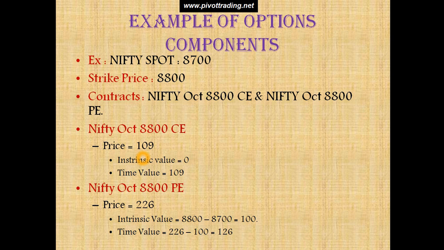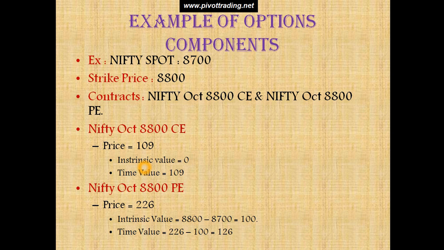So the target is currently far away. In that case, comparing with today's Nifty spot price, the actual profit is zero, because I said that Nifty is going to 8800, but actually Nifty is at 8700. So there is no intrinsic profit in this contract. The intrinsic value is zero.